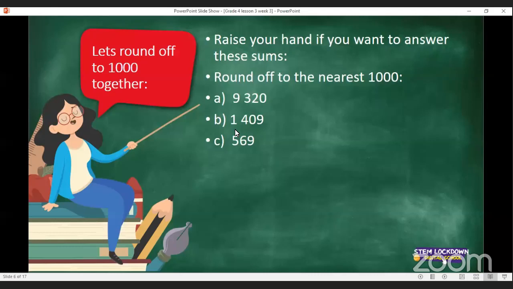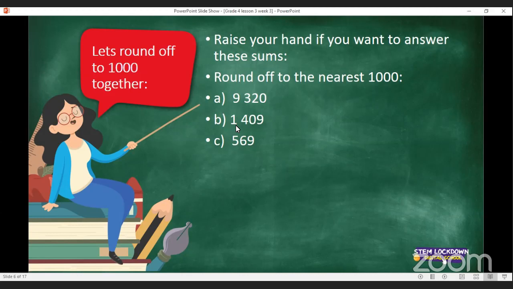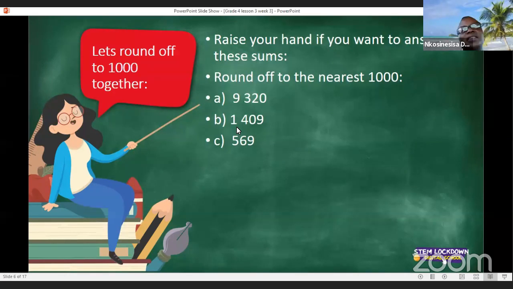The first step is that you must look at the 1000s. Yes, we must find the number, and the number is 1. Yes, it's 1. And then the second step, what is the second step?